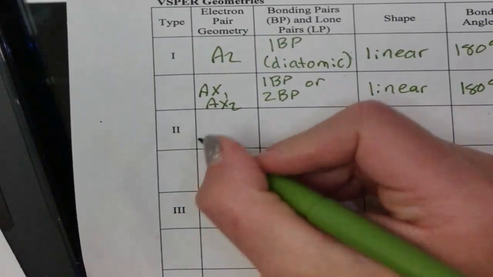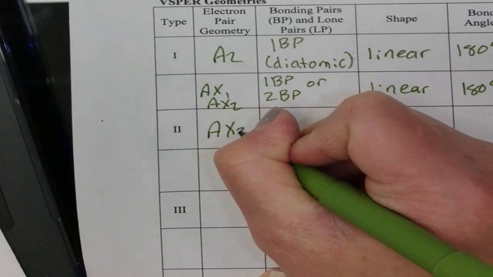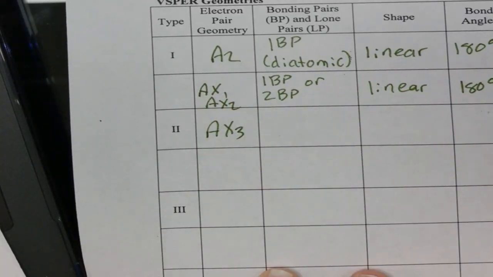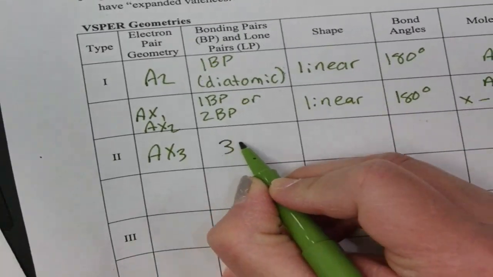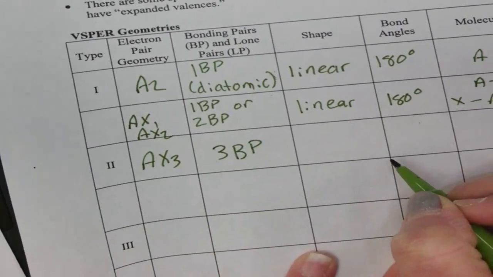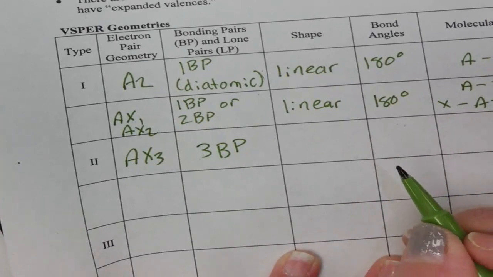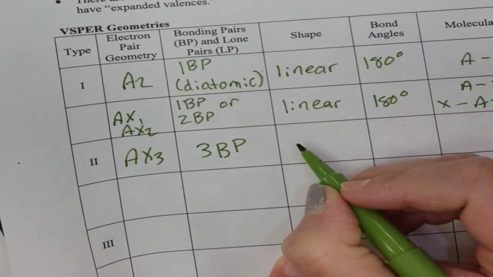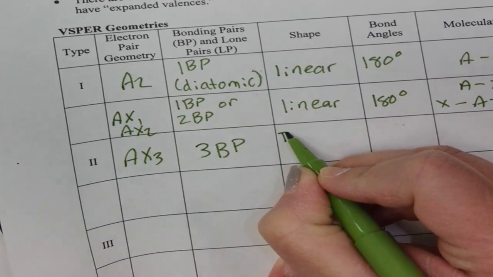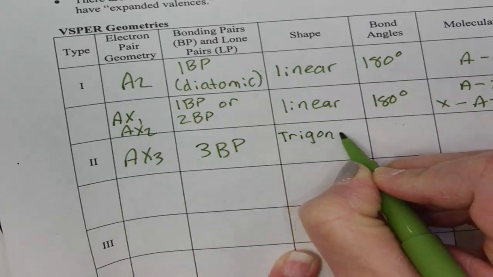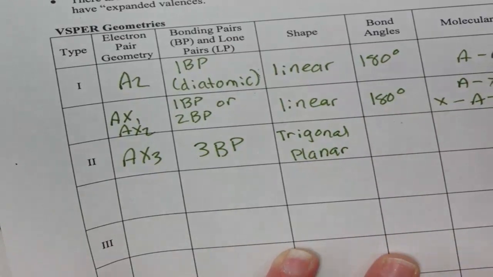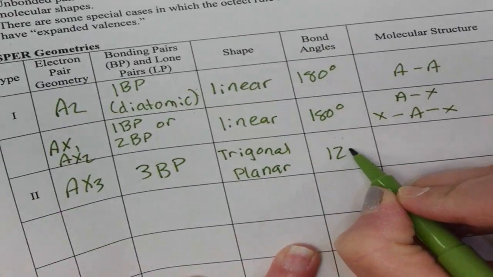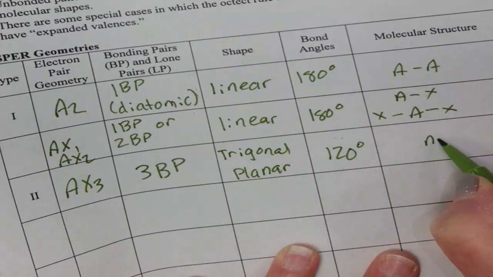What if I have three things surrounding my central atom? So in this case, I might have three bonding pairs, and that is going to be trigonal planar, with a bond angle of 120 degrees.